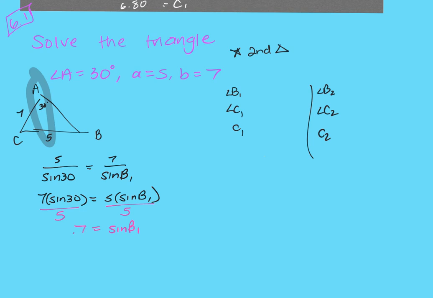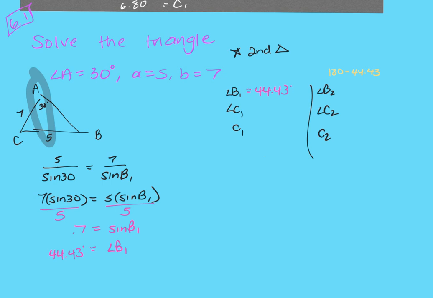So I second sine that 0.7, and I get angle B1 equals 44.43 degrees. And then I start my second triangle so that I remember to check for it. So I'd come over here and I'd say B2 would be 180 minus what I just found.